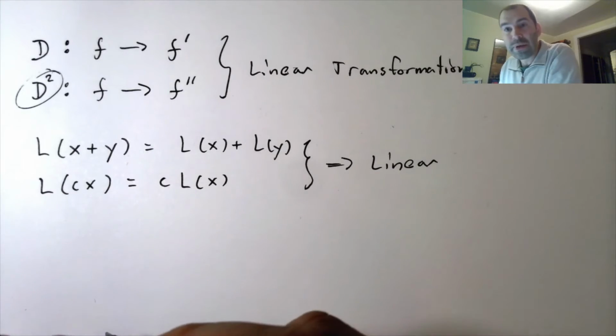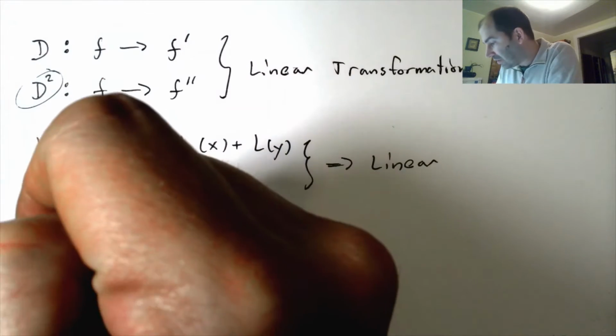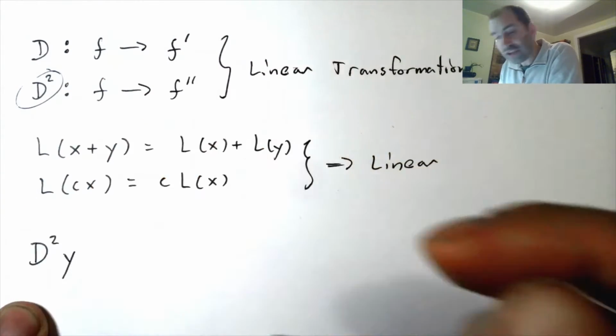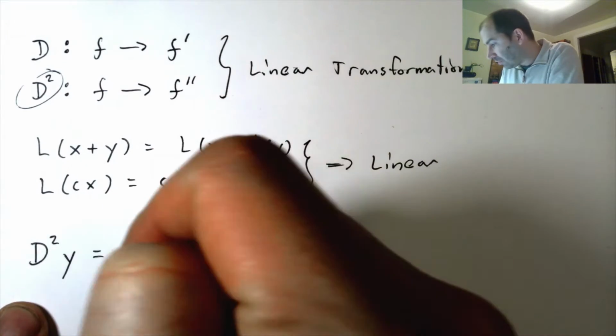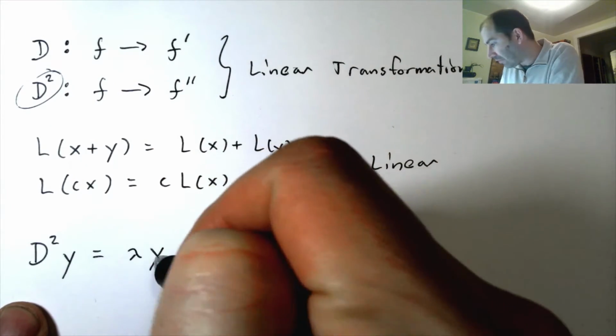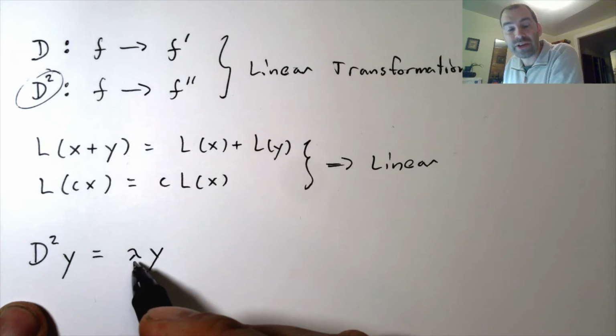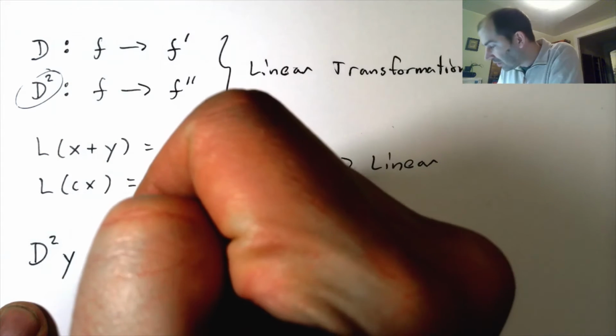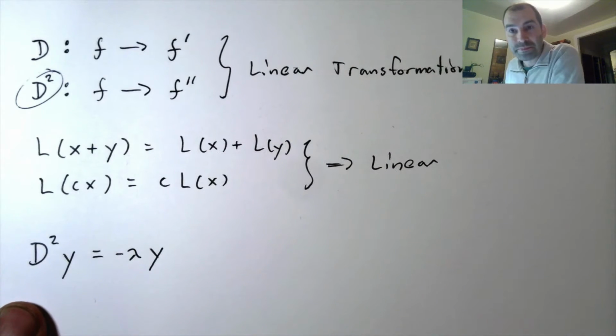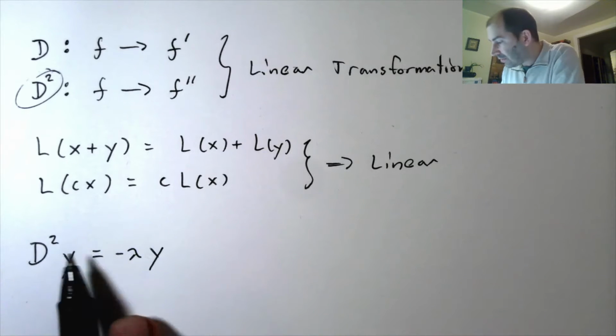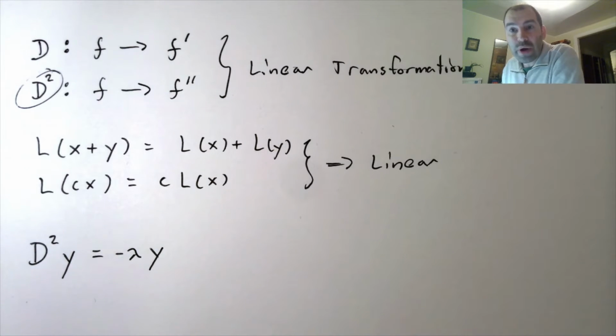So what does it mean to be an eigenvector? Well, it means that when I apply it to a function, it's going to produce a multiple of that function. So lambda here is a scalar. It's just a real number. Now I'm actually going to put a negative here. And this equation is the equation for eigenvectors.